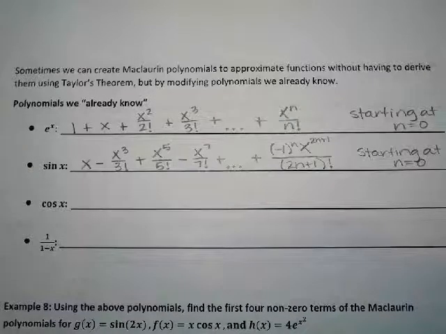Next one. We've got cos. And if you look at example 3, you can see cos starts with the constant, starts with 1, and then it does the even exponents.